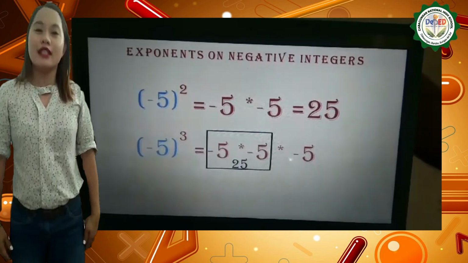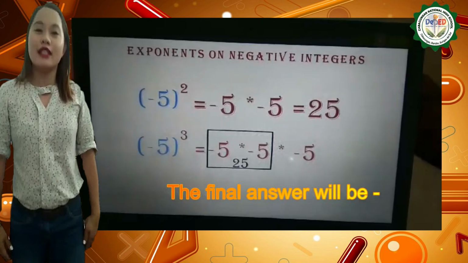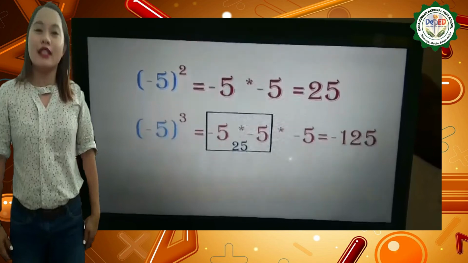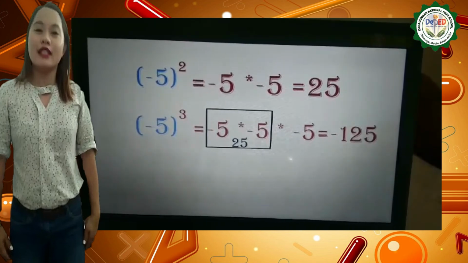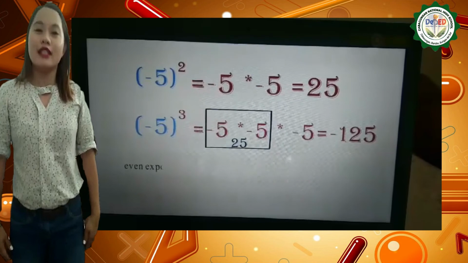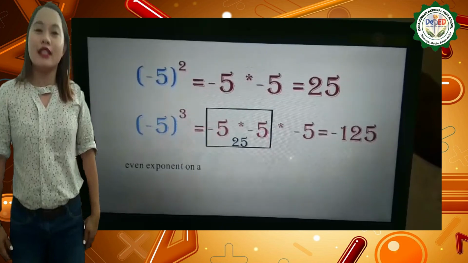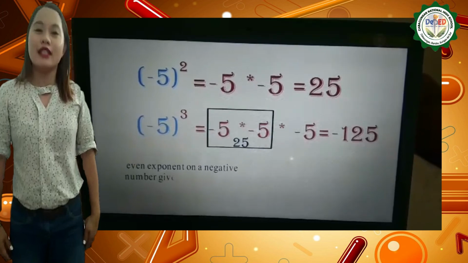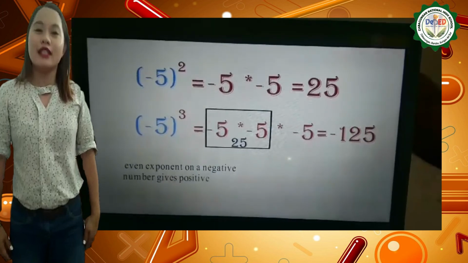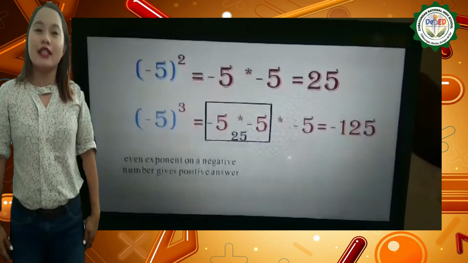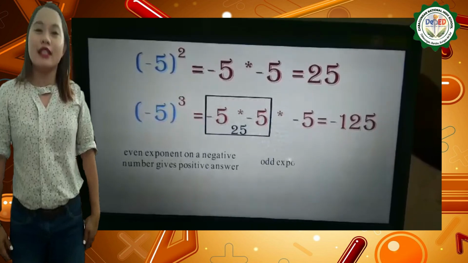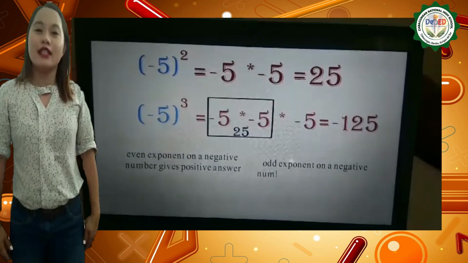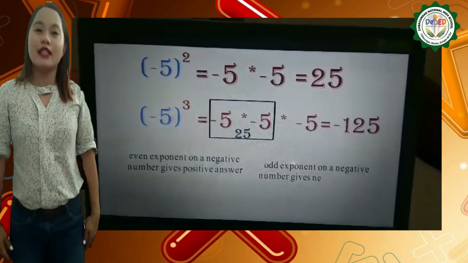The final answer will be negative 125 because we have one number positive and the other number negative. So the rule for this: an even exponent on a negative number gives a positive answer, and an odd exponent on a negative number gives a negative answer.